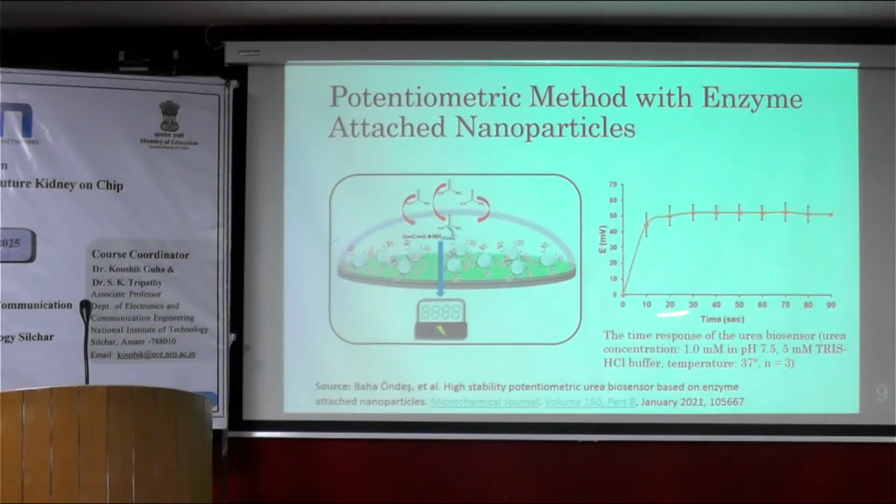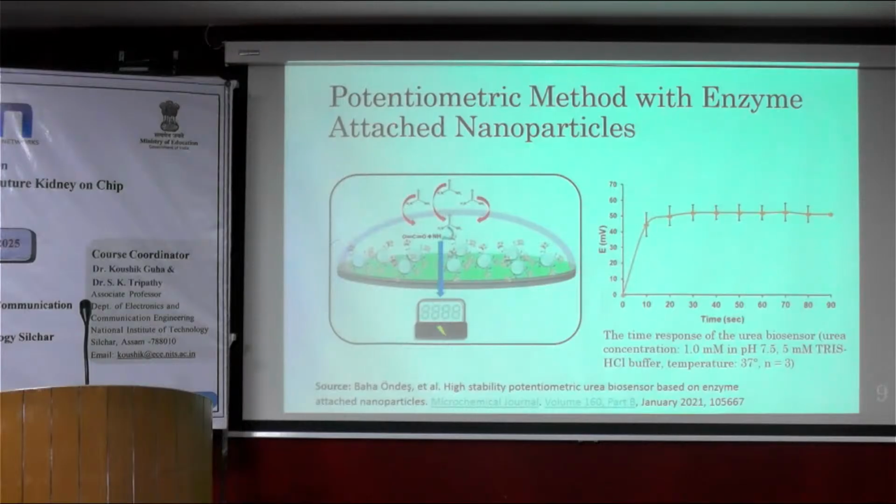And why the enzymatic method is so desirable in that case is because if we just apply the potentiometric system and try to measure how the potential is changed in the presence of urea, since urea is a neutral molecule, it does not have any charge, so it's obvious that there will be no significant effect, or no effect at all, on the parameters of the sensor.